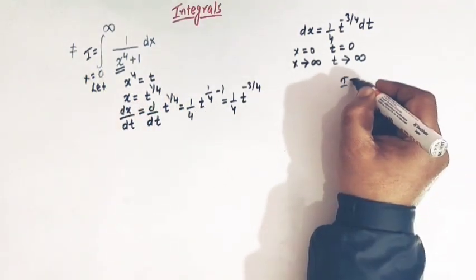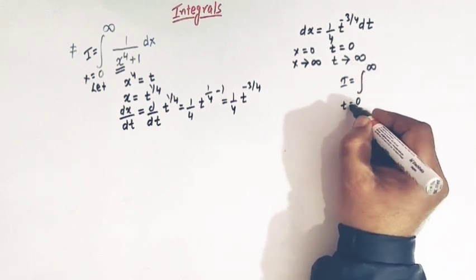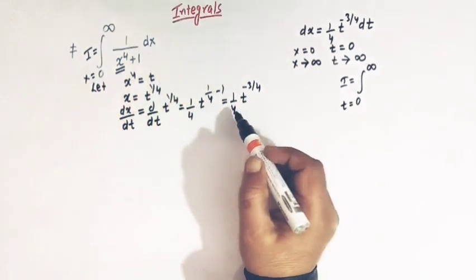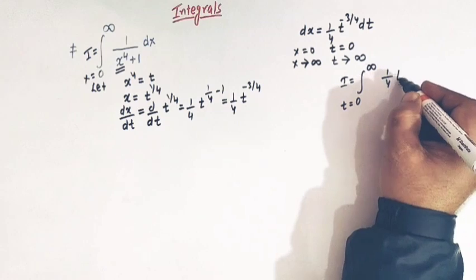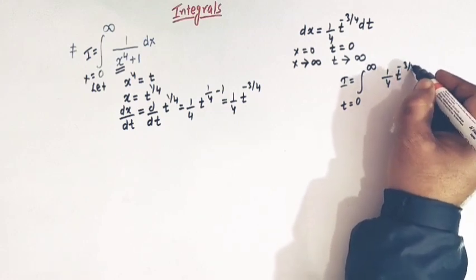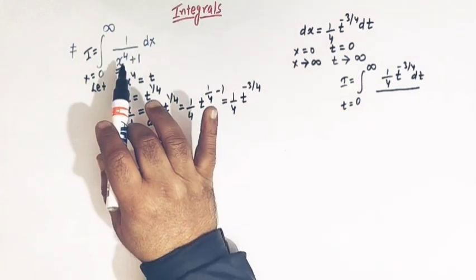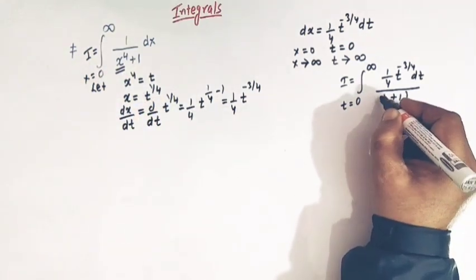So we can write I as integral from 0 to infinity. Here we have t going from 0 to infinity, and for dx we can write 1 by 4 t raised to minus 3 by 4 dt, and in the denominator we have t plus 1, right?